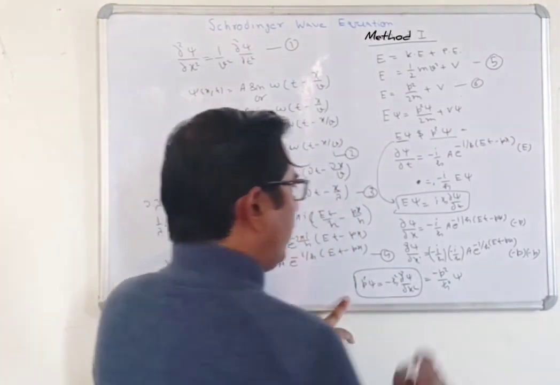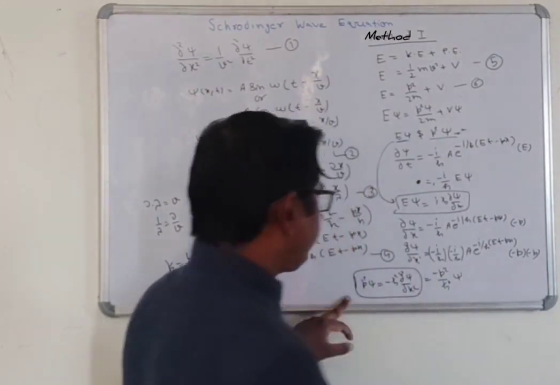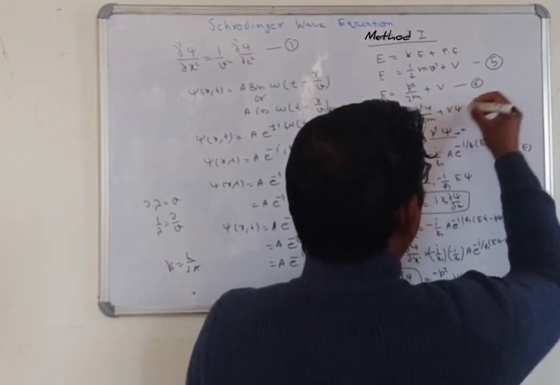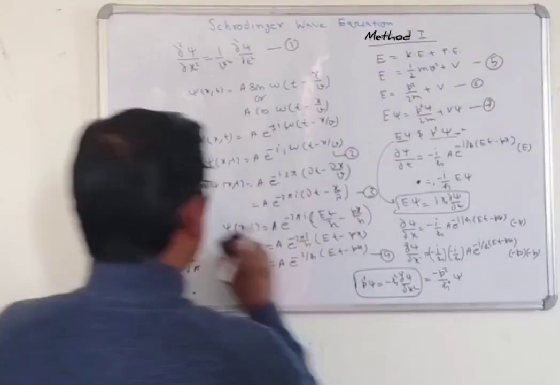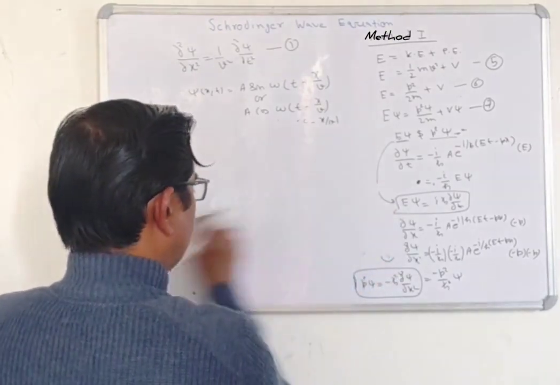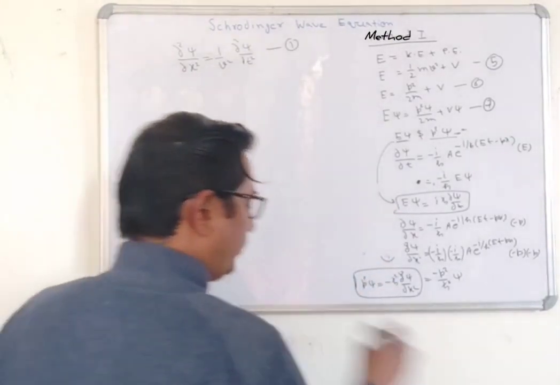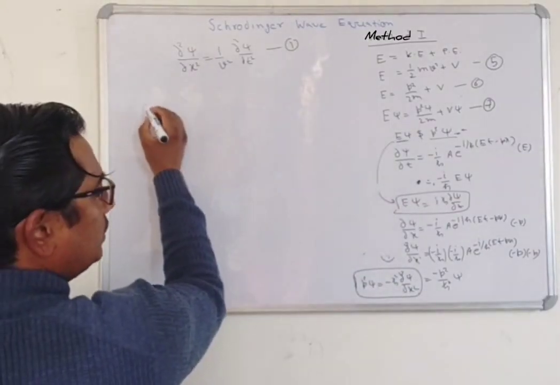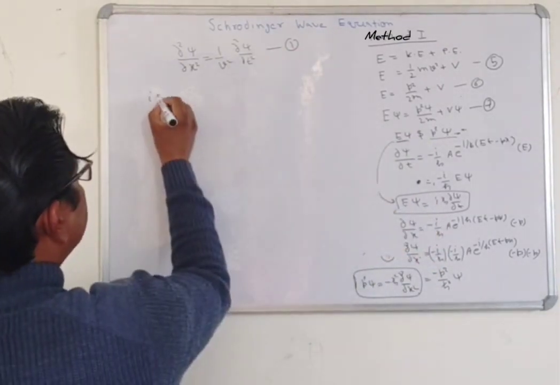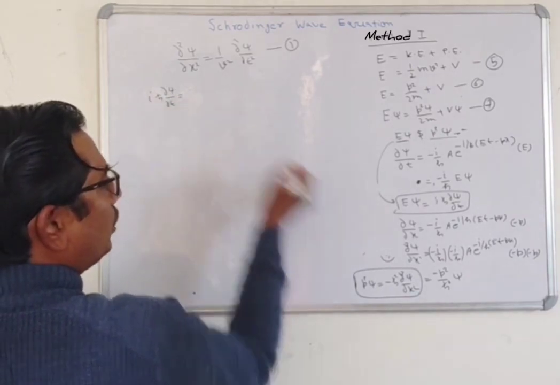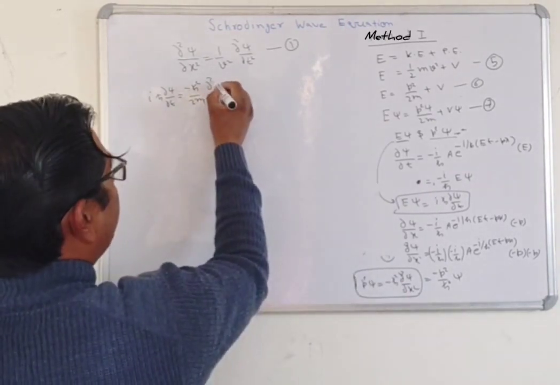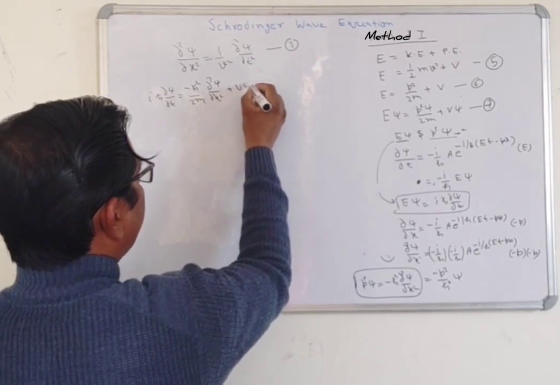Now when we put these two values in equation number 7, you will see that the value of E psi, which is i h cut d psi by dt, is equal to the value of p square psi by 2m, which is minus h cut square divided by 2m d square psi by dx square, plus V psi.